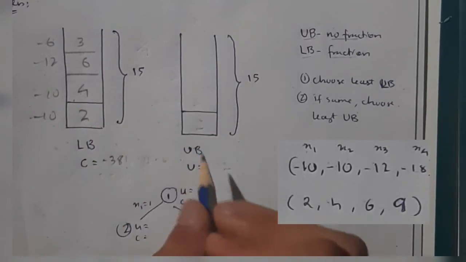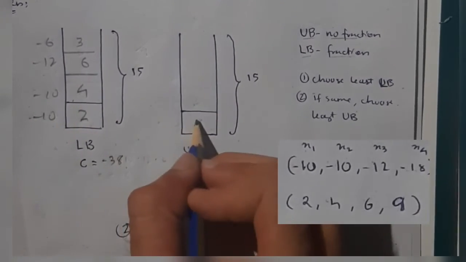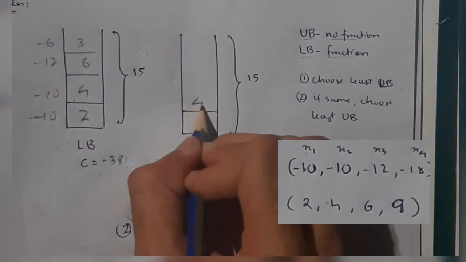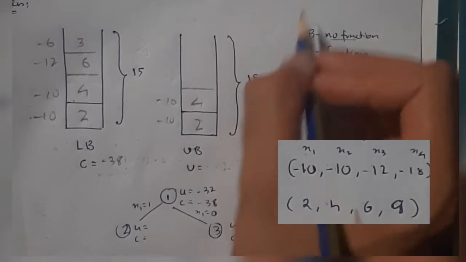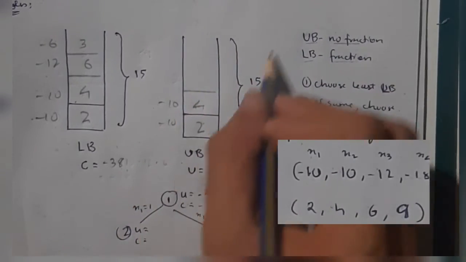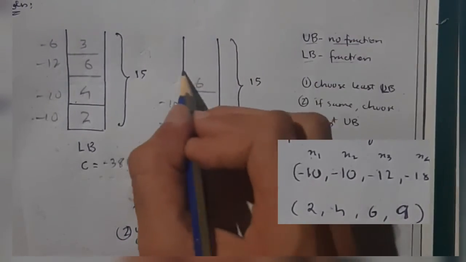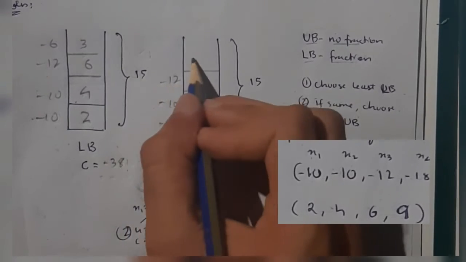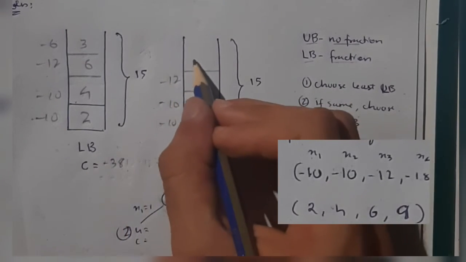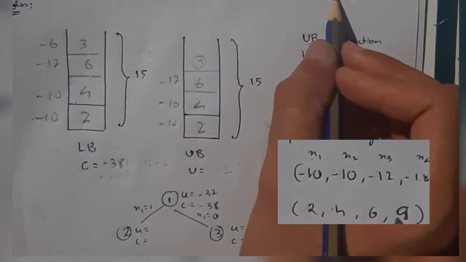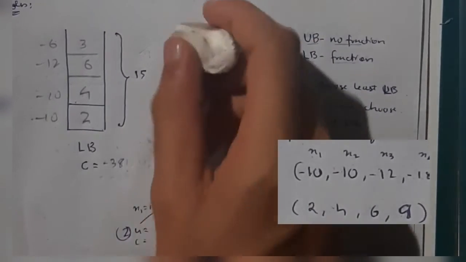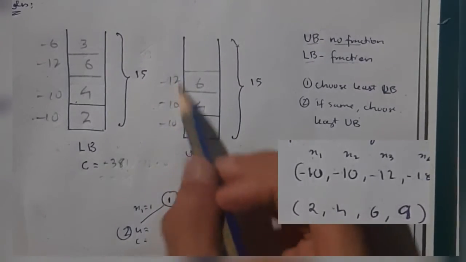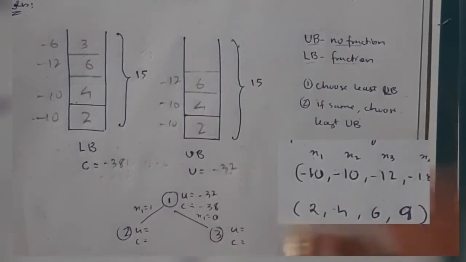In the upper bound also I have to compulsorily include 2 and 4, and I still have space left, so I'll include 6 here, minus 12. Further I can't include because the only space left is 3, but I have the object of 9. In the upper bound we can't include fractions, so I'll leave the space empty. The total profit noted down is 32. I'll write here 32.